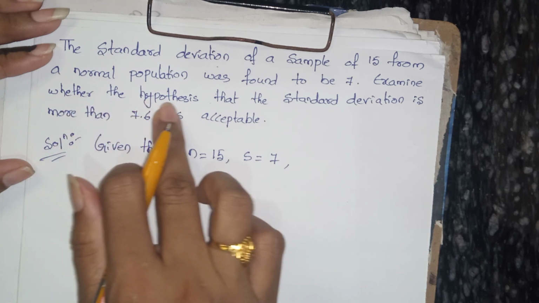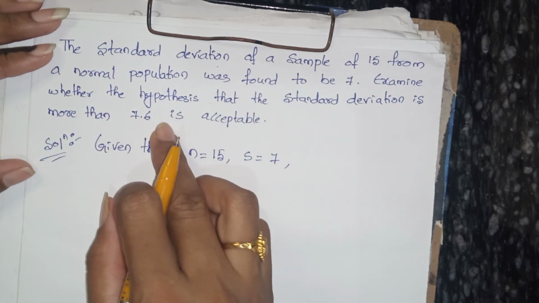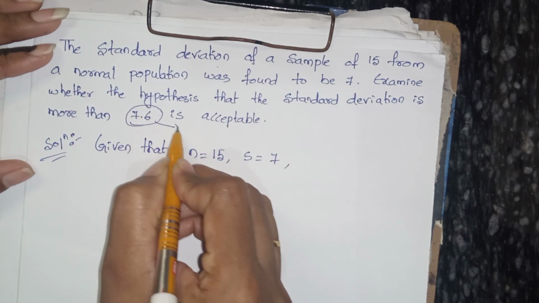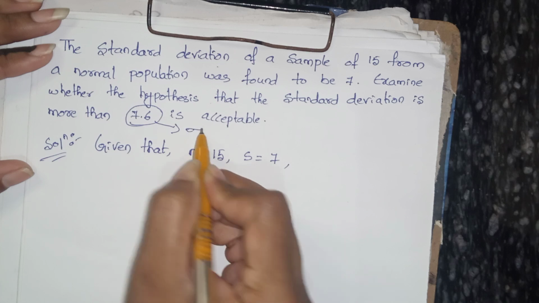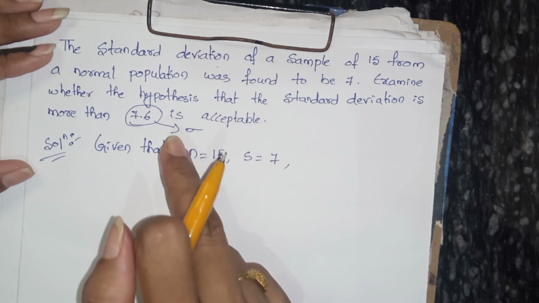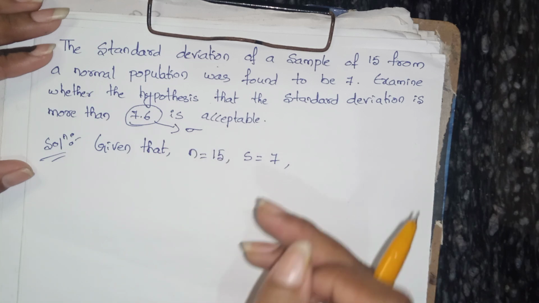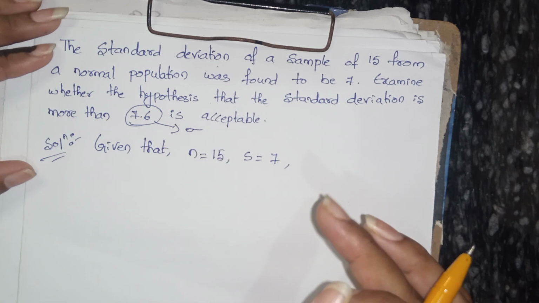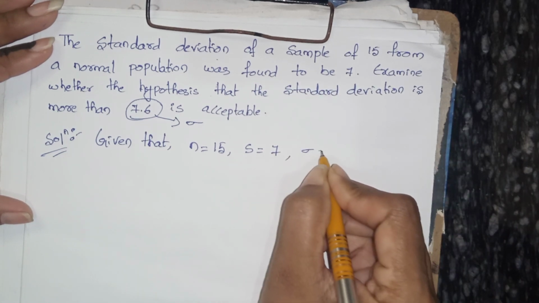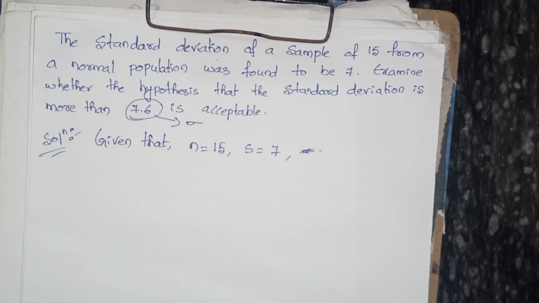And whether the hypothesis that the standard deviation is more than 7.6 is acceptable, that means this value is a population standard deviation. Population standard deviation will be more than 7.6, is it correct or not? So sigma is more than 7.6. They are asking us to find out.